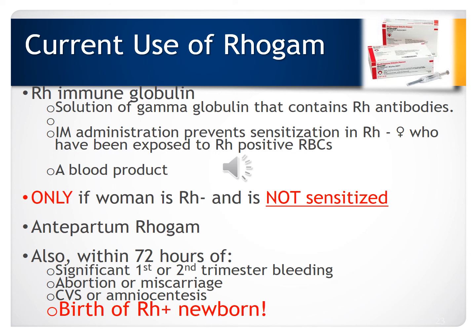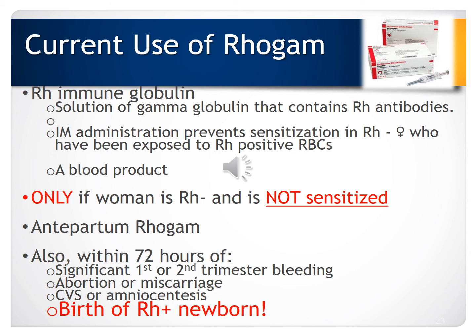And Rhogam is only given if the woman is not sensitized, if she has not developed antibodies already. So that's why at this 28-week mark antepartumly, in the prenatal period, we do another Rh test and a titer, just checking to make sure that there is no evidence of antibodies in the blood.